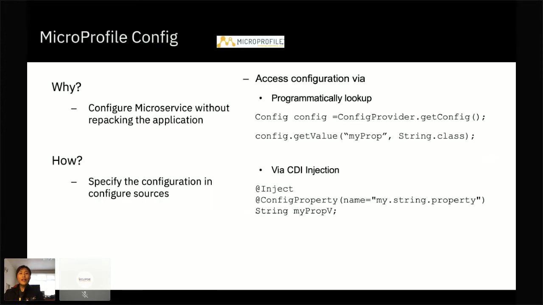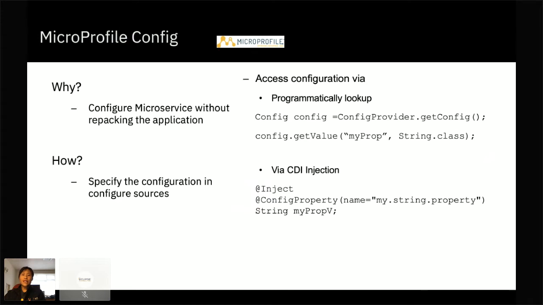MicroProfile Config can help you to externalize the configuration. MicroProfile has two APIs available to you. The first one is the programmatic lookup. You can do a ConfigProvider.getConfig, get a config object, and then do a getValue and specify which value you want, like myprop is the property name.